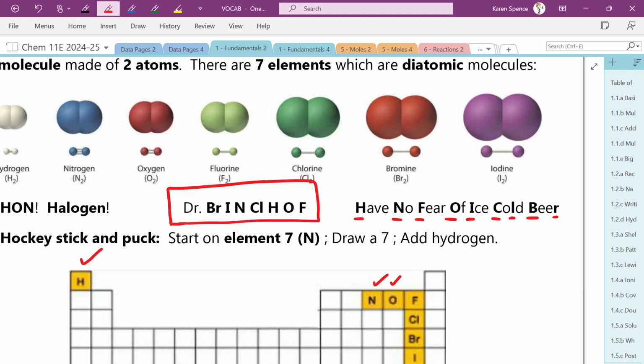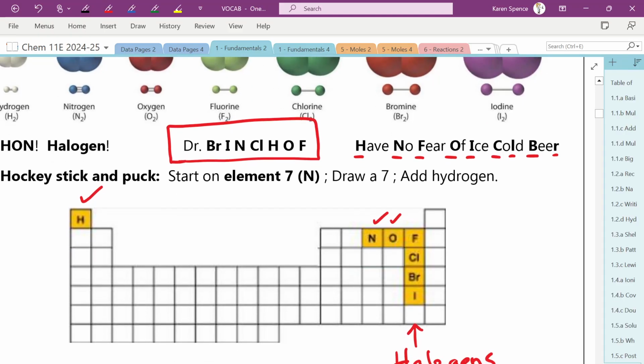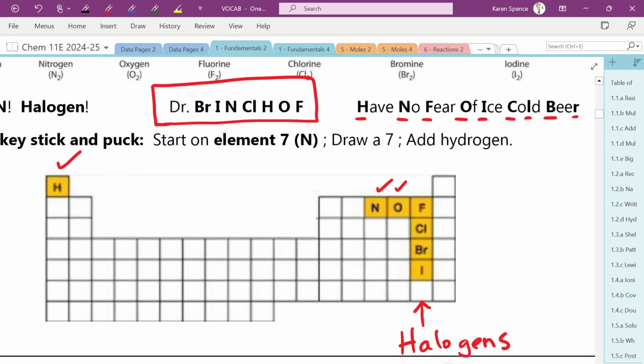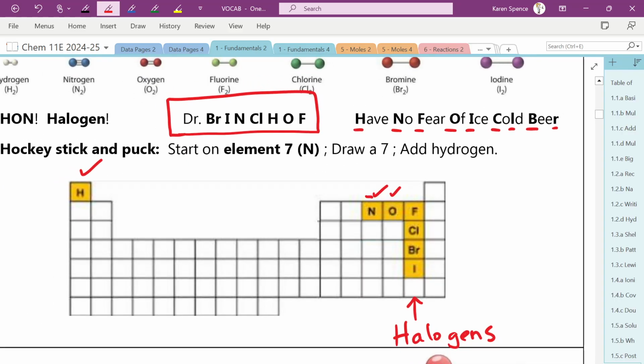Okay, that helps you determine that they're not carbon and boron. Now, if you are more of a visual type of learner and you're like, I just want to be able to see it on the periodic table, this is the hockey stick and the puck. Do you see the hockey stick? Do you see the puck? Yes. Now, how many diatomic elements are there? 7. Do you know what element nitrogen is? It is number 7.